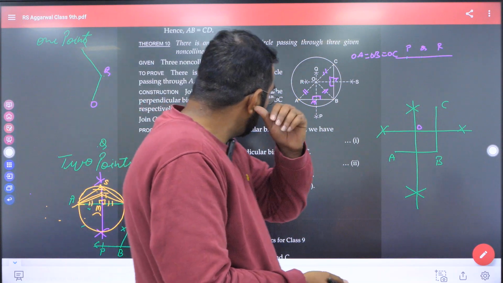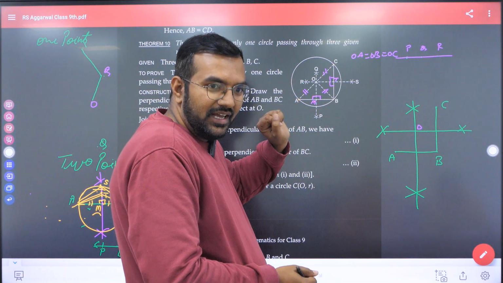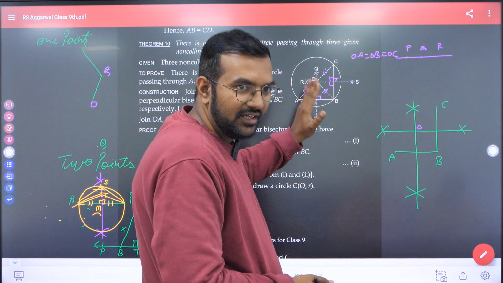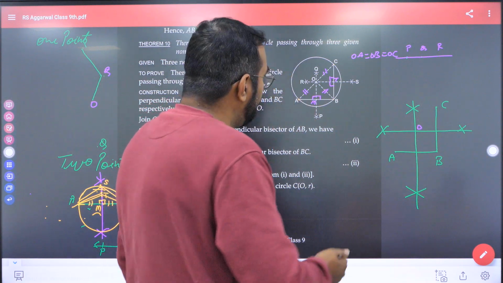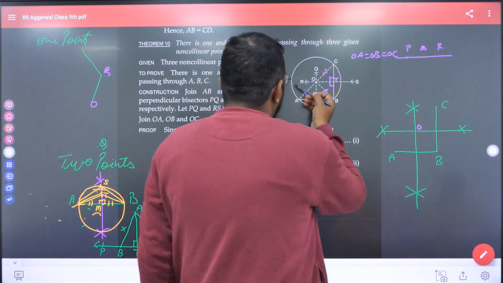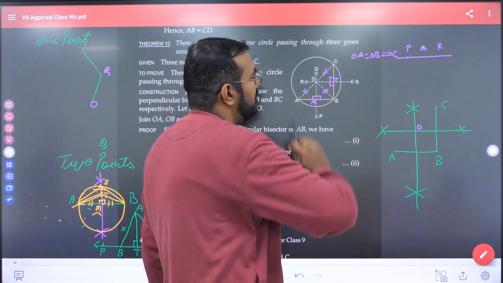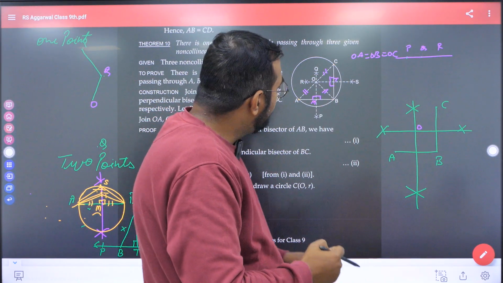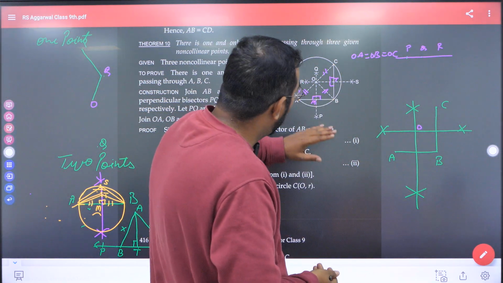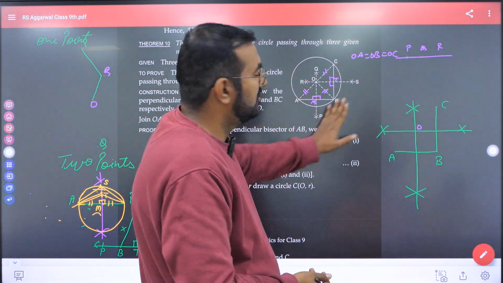Now a question arises: can we take another point other than O as a center, and can we pass a circle through these 3 points with that point as the center? We have taken O as a center and drawn a circle of radius OA, and that circle is passing through A, B and C. So can we have another point other than O from which, when we draw a circle taking that point as the center, that circle passes through A, B and C?